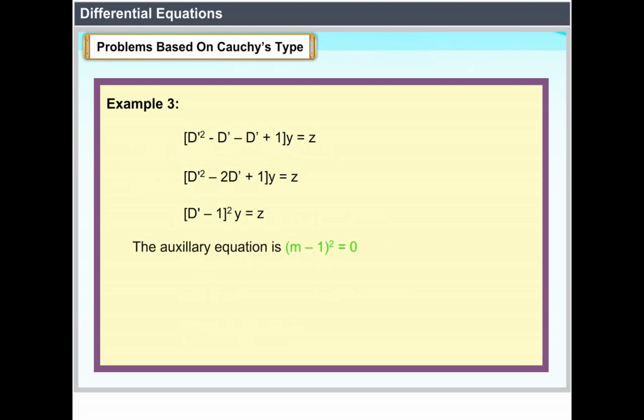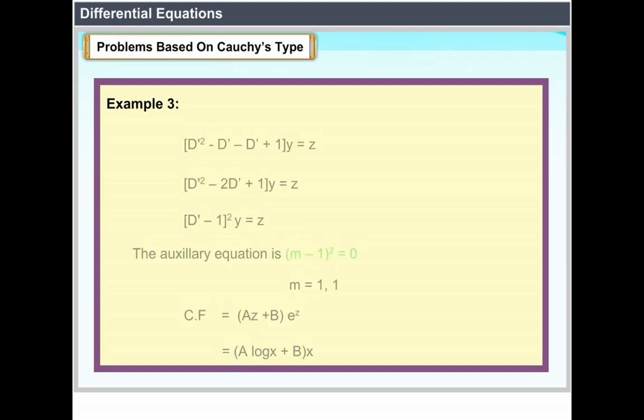The auxiliary equation is (m minus 1) the whole square equal to 0, m equal to 1 comma 1, by using the factorization method. CF equal to (az plus b) into e power z, (a log x plus b) into x.